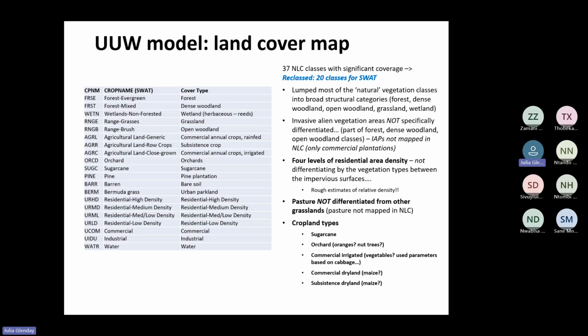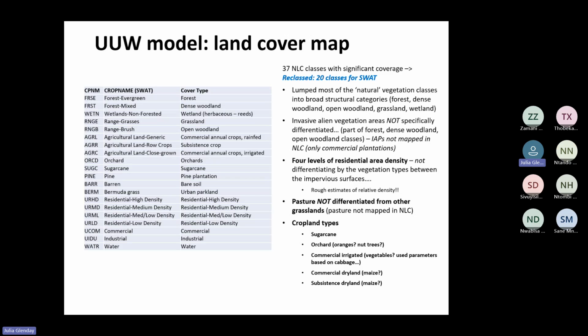It could refine the hydrology a little bit in terms of the water use differences between eucalyptus and pine. But for now, I'm running the base model calling them all pine. And then there are 4 different levels of residential area density that I try to differentiate, and I'll show you what those are.